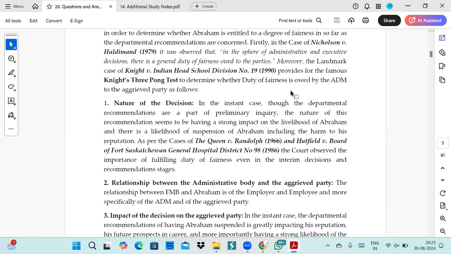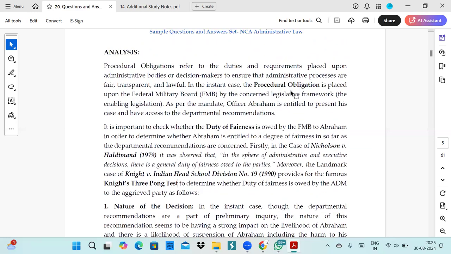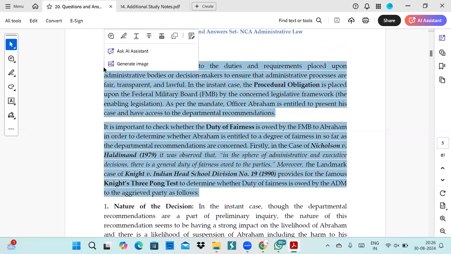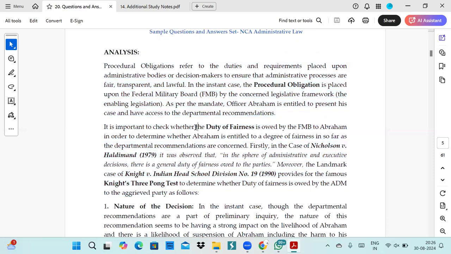I think the Knight 3-prong test is applicable in most situations. So this is a very important part. Whatever the situation is, it is compulsory for all procedural fairness. You have to write the 3-prong test and Baker synthesis. Everybody is going to write that. Even in my regular classes I keep saying this portion is where you impress the evaluator, because it is going to be different in everybody's answer sheet.